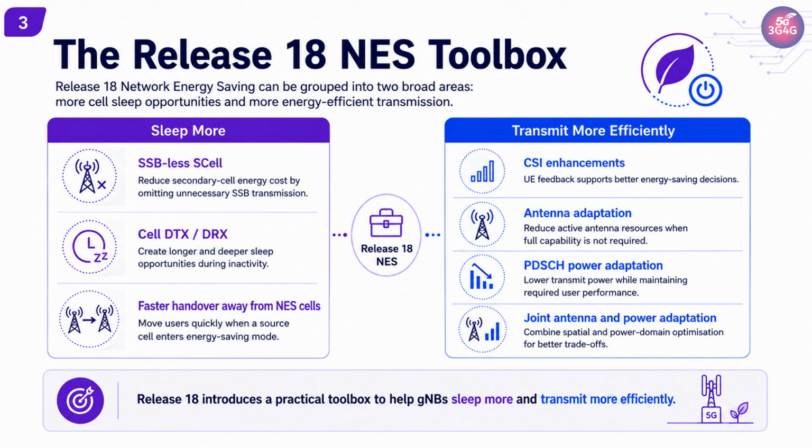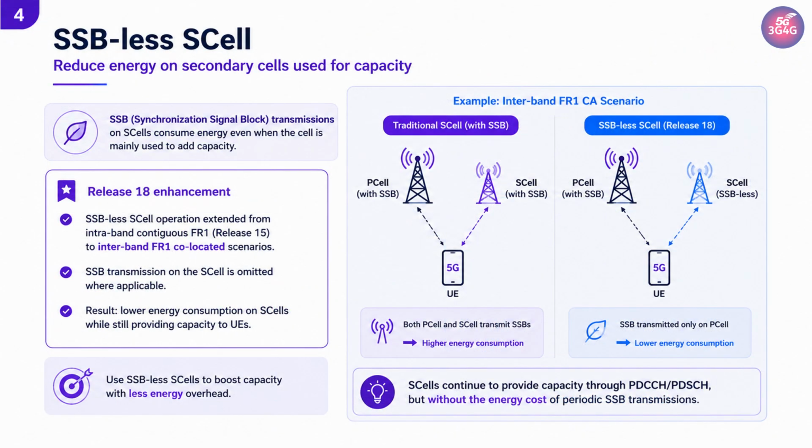Sometimes the best option is to turn off or reduce activity. Sometimes the best option is to continue transmitting, but with fewer antenna resources or lower power. The Release 18 toolbox gives the network more options, so it can choose the right energy saving method for the right situation. Let us start with SSB-less SCell operation.